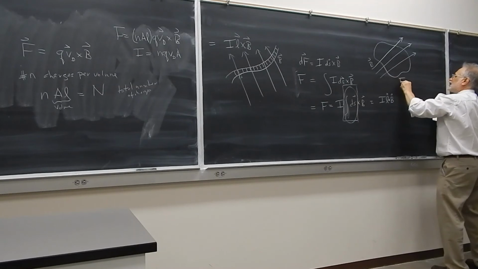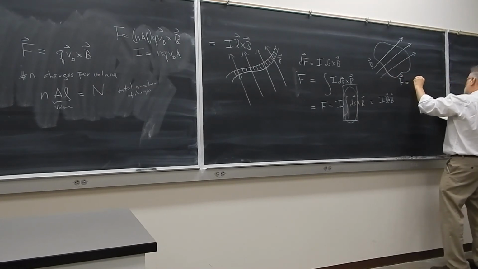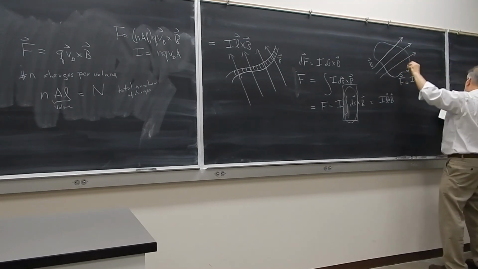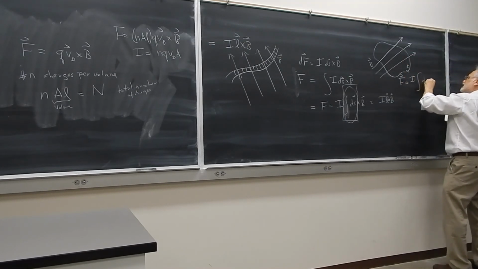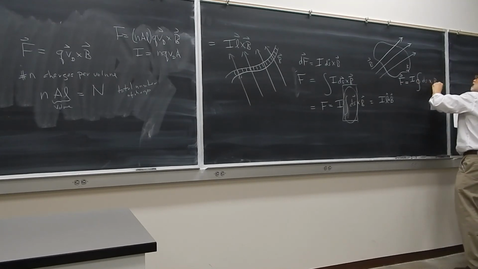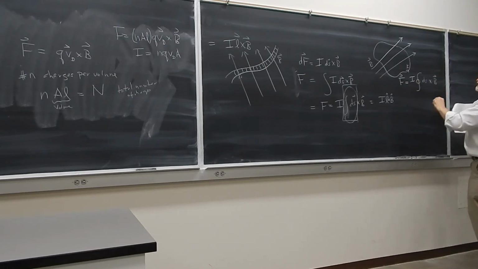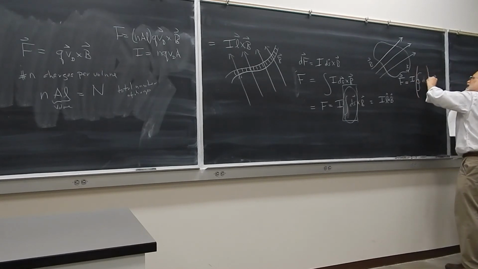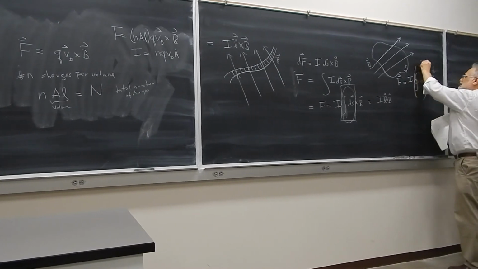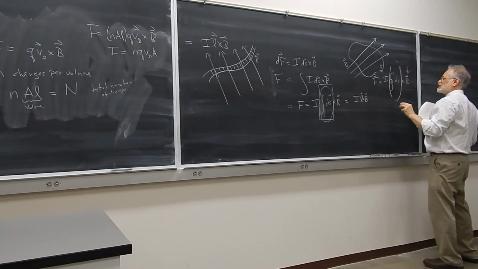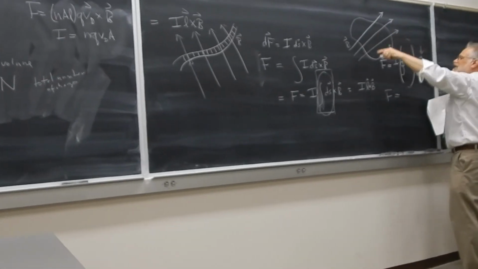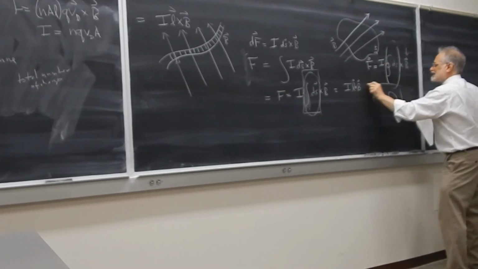And so we'll find that in this case, the force is equal to the constant current I going through this segment times the integral of ds, but it's around a closed loop cross B. But notice, if I'm integrating this in a constant magnetic field, this closed loop, there's no displacement whatsoever. So the force for any external field on a closed current loop is always going to be zero.